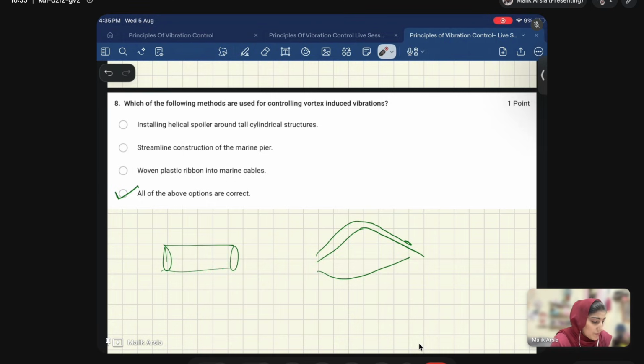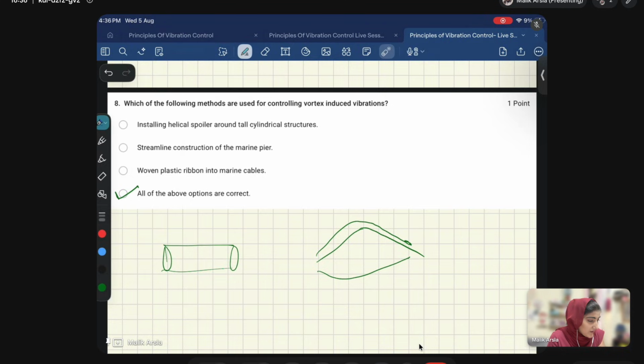All of the above options are correct, because in tall cylindrical structures like tall buildings, we are introducing helical spoilers in order to disrupt the formation of vortices, which results in less vortex induced vibrations.